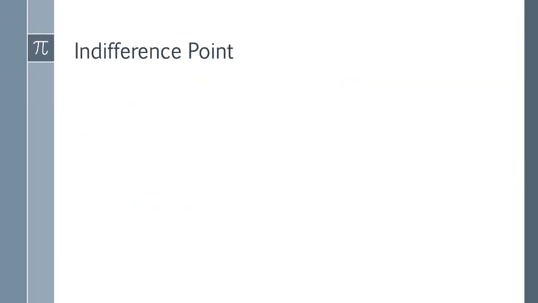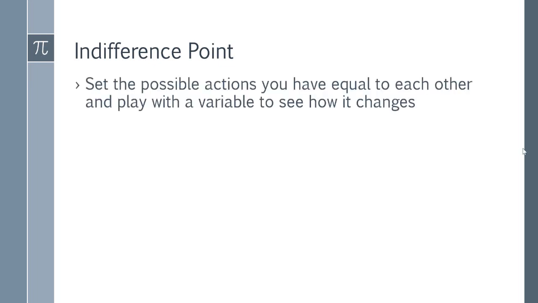The next thing I want to do is set up something a little more difficult and talk about how to calculate our indifference point. The indifference point is where we find out when it doesn't really matter what decision we make. We have our possible actions, and instead of trying to calculate the EV of one action, we're trying to calculate when the actions have equal value.